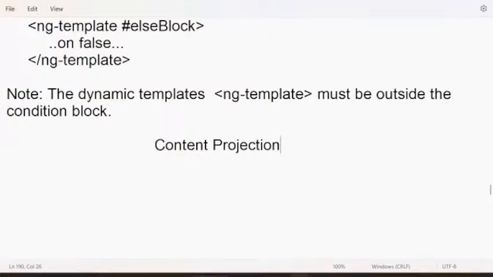Content projection is a concept which is not discussed for general freshers, but we will discuss this. Why? Because at experience level, this question is very common for people in Angular. Many people who already know Angular don't even know this word. But at experience level, this is a very high level concept, and it is very regularly used in real world development. Then what is this content projection?